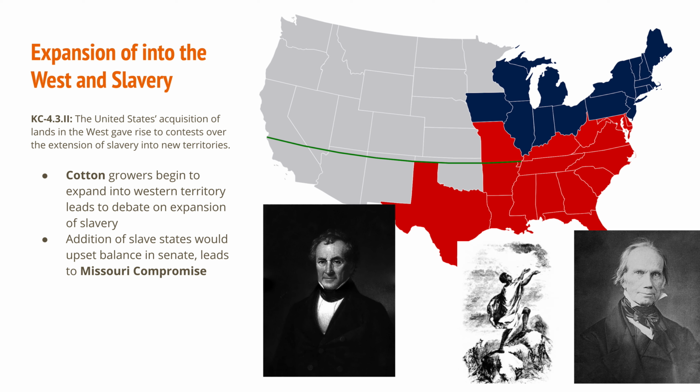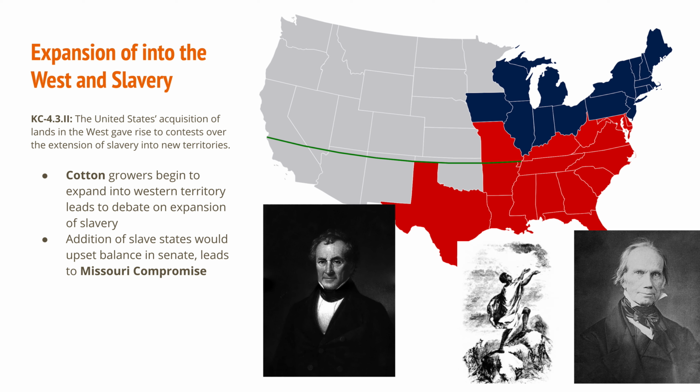And as they move west, they're also taking enslaved people with them, which leads to this debate about whether or not slavery will be allowed in the Western territories or in the newly purchased Louisiana Territory. The addition of slave states would have upset the balance in the Senate, and it leads to the Missouri Compromise. So this is when Missouri is admitted into the Union as a slave state, and Maine is carved out in the Northeast and admitted as a free state.